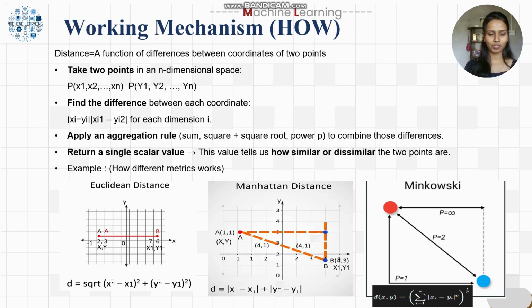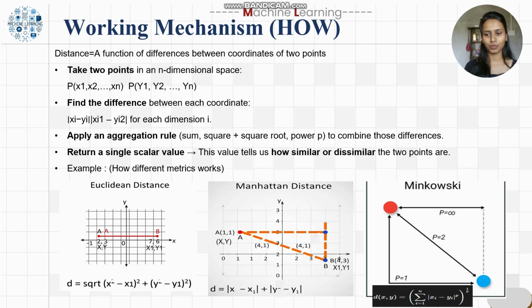Here we measure a direct distance between A and B. In Manhattan distance, we have to go through the axis or the grid. The formula is the absolute difference between x and x1 plus the absolute difference between y and y1. Absolute difference means it returns a positive scalar value even if the difference is negative.